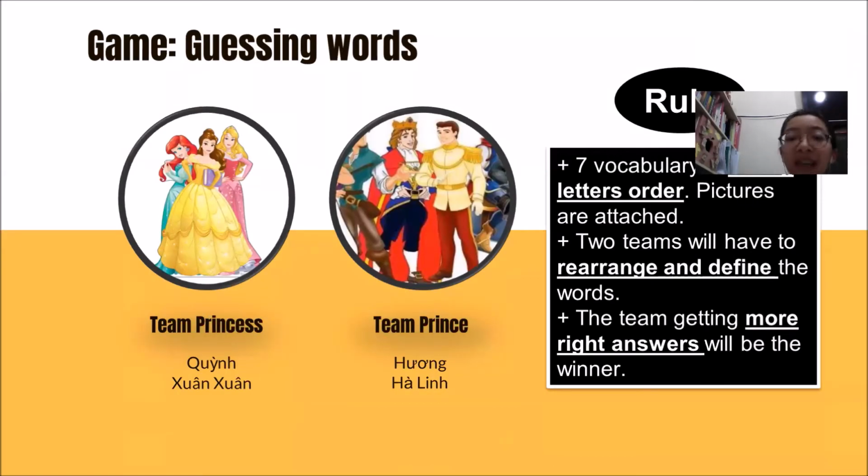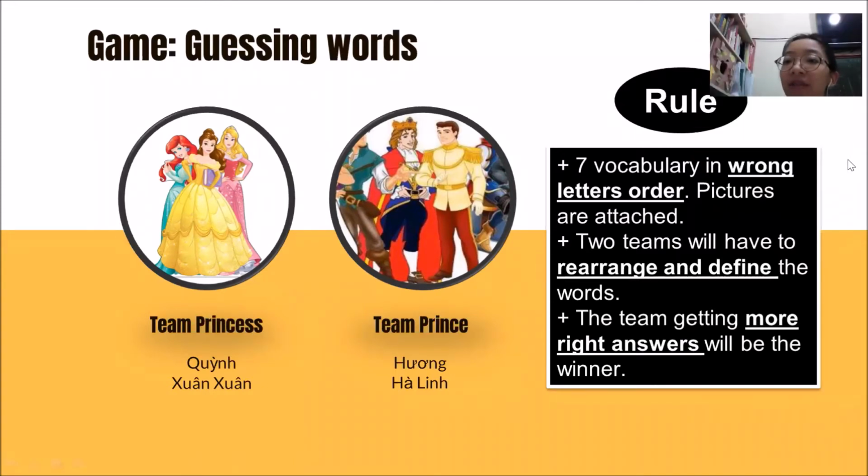Now we have a game, guessing words. We have 2 teams, Team Princess and Team Prince. You can see the names of members under the name of the team. The rule of this game is really simple. First, 7 vocabulary words in wrong letter order will be shown on the computer screen.